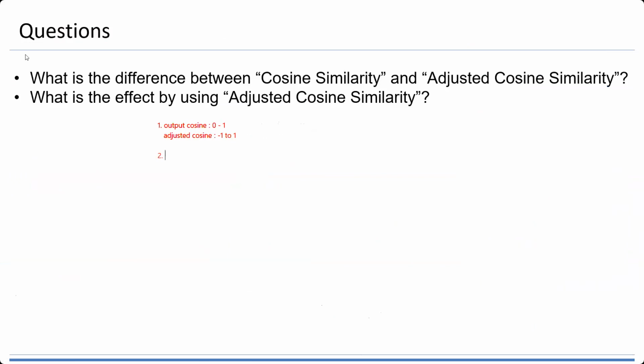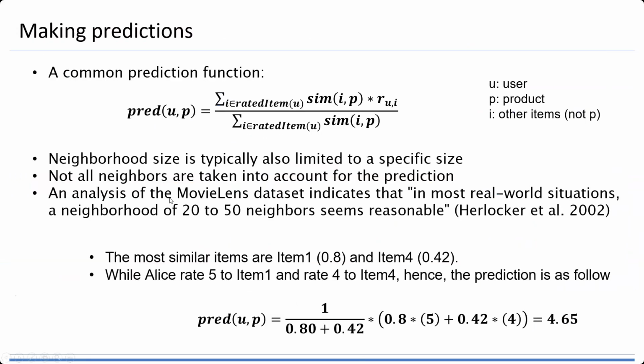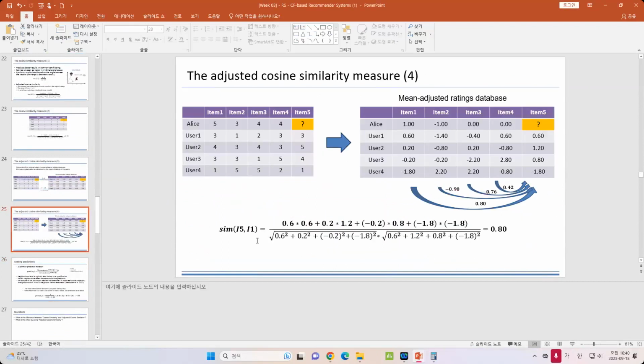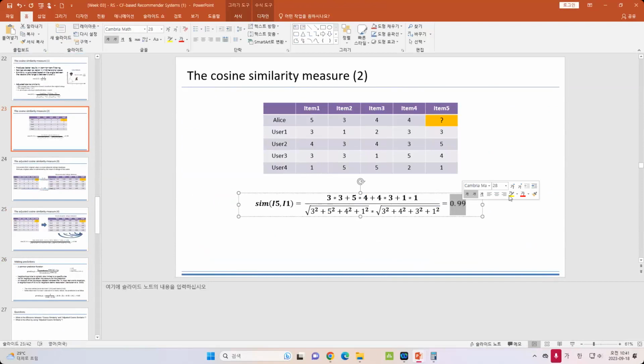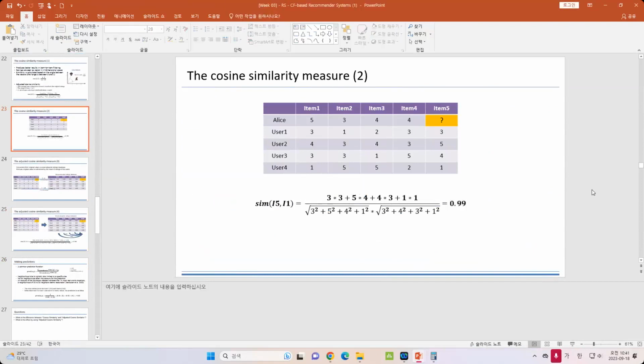If we look at the result, the similarity of item 5 and item 1 with the adjusted cosine similarity is 0.8. With the cosine similarity, the similarity is 0.99. Is it approximate?